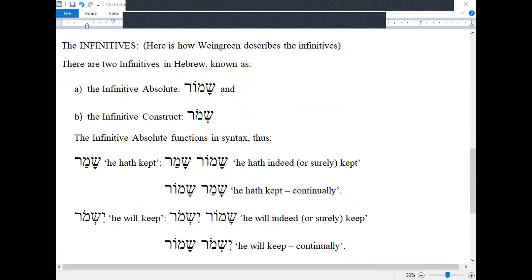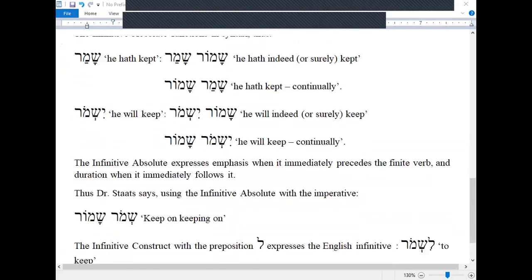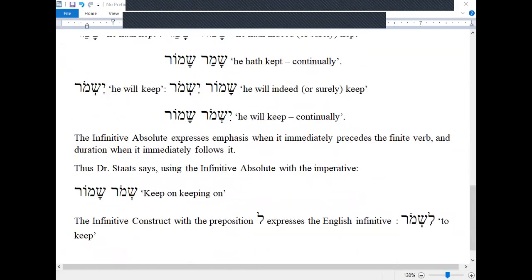The infinitive absolute, shamor, and we looked at that above, which means he has kept indeed if it's before the verb, or he has continually kept if it's after the verb, like shamar shamor, he has continually kept. The infinitive construct means it stands with a lamed or with a pronominal suffix, and shemor is the pointing of the infinitive construct with the shewa and the holem. So you have those two types of infinitives.